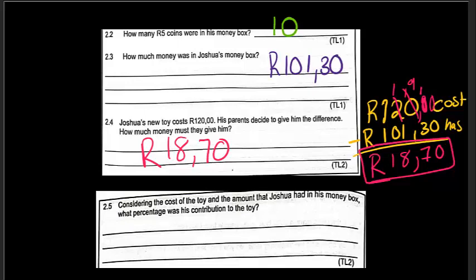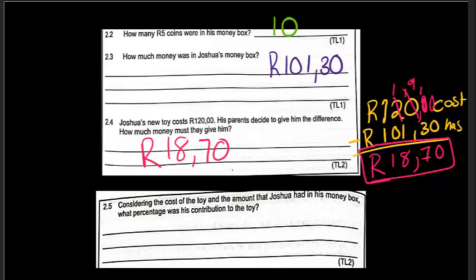Next question. If you consider the cost of the toy and the amount of money that he had in his money box, what percentage was his contribution to the toy? So remember when you're calculating the percentage of your mark, you say what I have divided by the total. So we're going to do the same thing for the percentage of his money. What does he have?